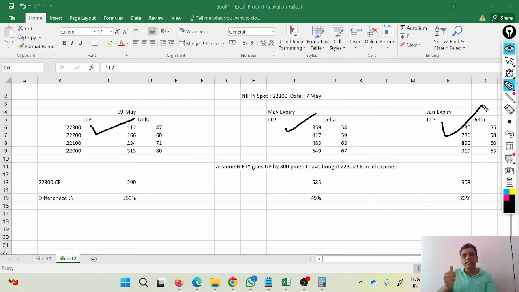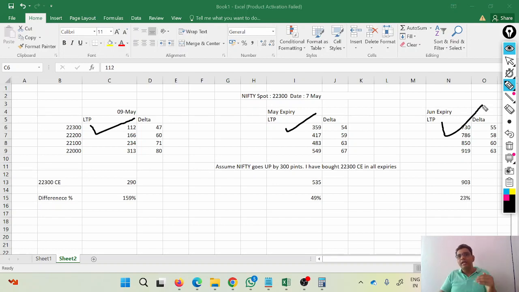So whenever even 50 to 100 points of spike comes in Nifty on the day of expiry, that gamma impact happens immediately. Within no time, the option which is trading at 5 or 6 rupees shoots to 70 or 80 rupees. This has happened quite frequently in 23 and in 24 as well, because VIX is low.